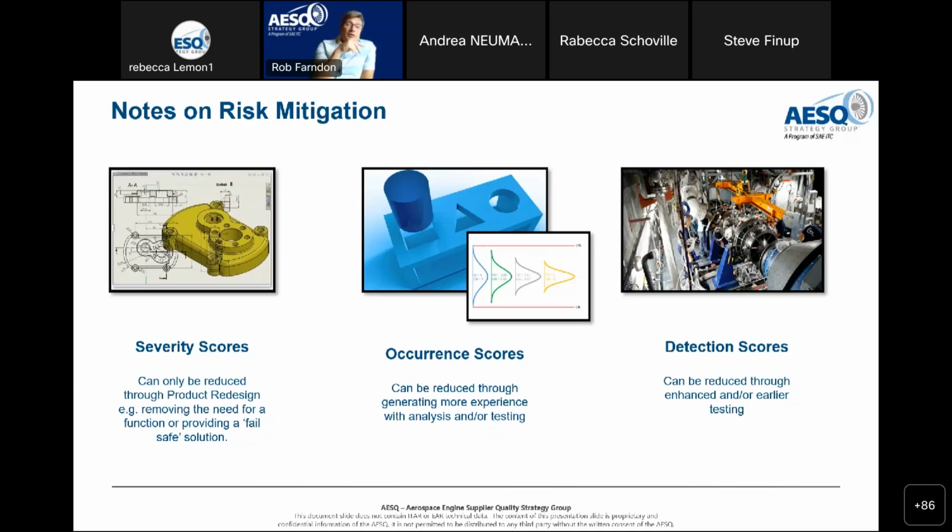Detection scores, again, if you think about what we just said about detection and where it is, more robust or enhanced testing and earlier testing are the things that are going to improve your detection. Okay. But the order, the Pareto here, is definitely to think about severities first and occurrences next. Okay, you see what I mean?